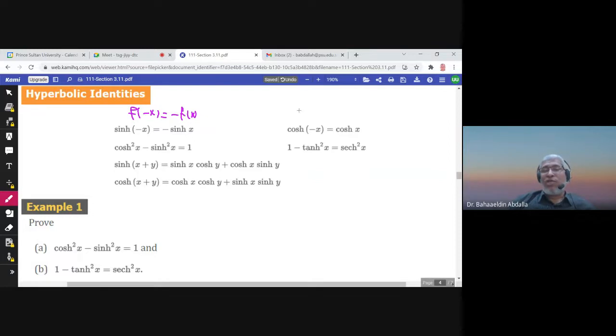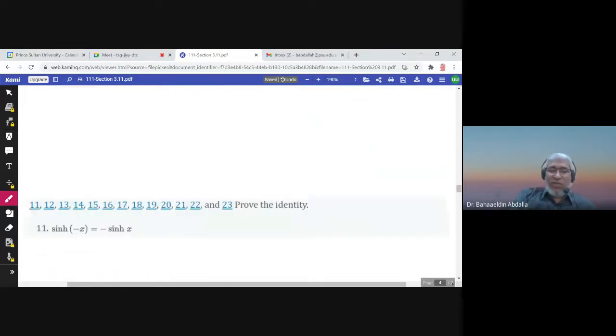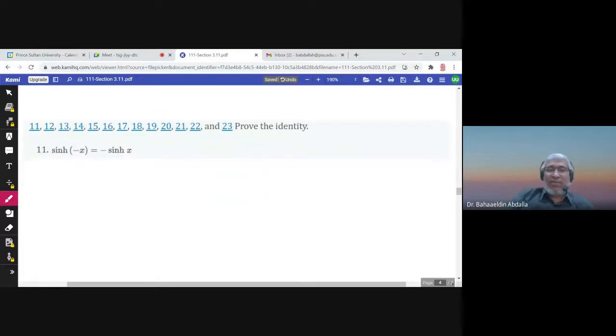While cosh is an even function because f of negative x equals f of x. And if you remember the graphs, from the graphs you can figure out that sinh is odd and cosh is even. To prove these two, it's easy to do that.